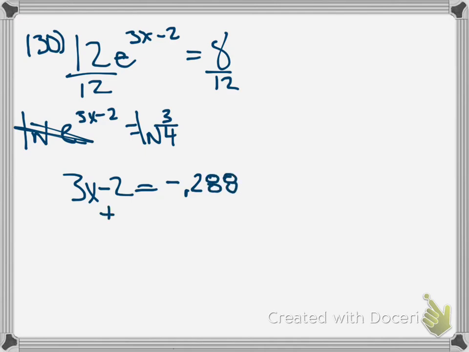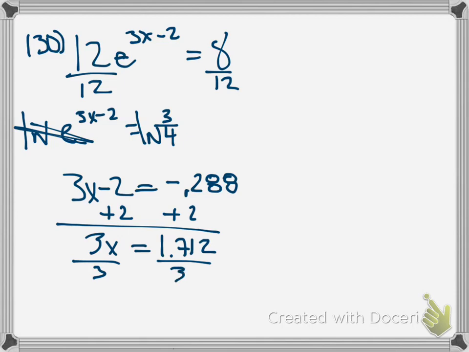Obviously I'm going to add 2 to that, so plus 2, and then 3x. Notice this becomes just like a normal two-step equation after a certain point. So right now I have 1.712, and then divide by 3. And I get an answer of x is approximately equal to 0.571.